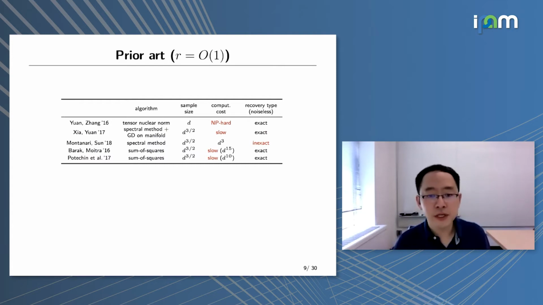It's a very natural extension of the matrix nuclear norm minimization algorithm, but unfortunately, tensor nuclear norm is in general not computable in polynomial time. As a result, even though this has good statistical performance, it is actually an NP-hard algorithm, and so it's intractable in general.